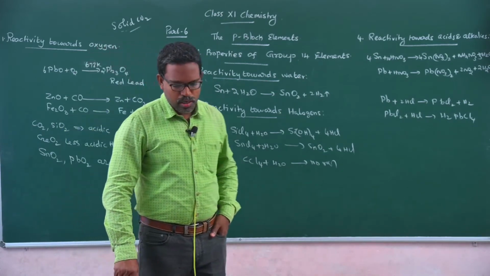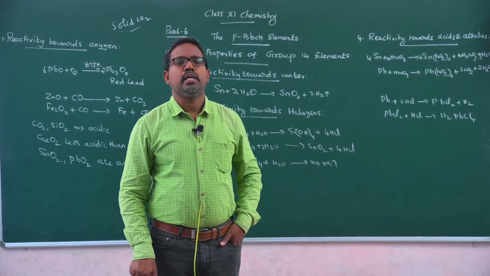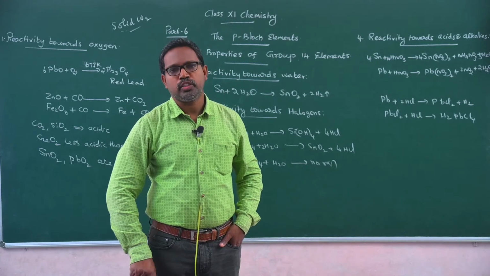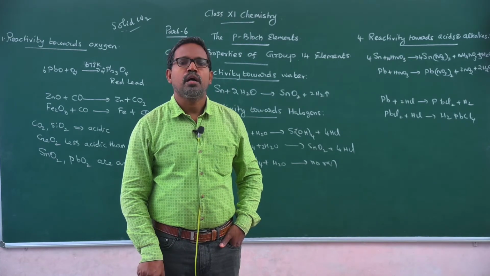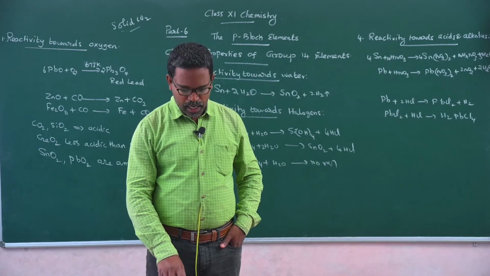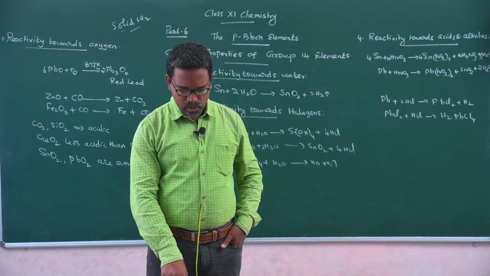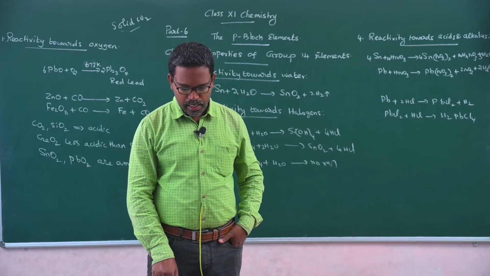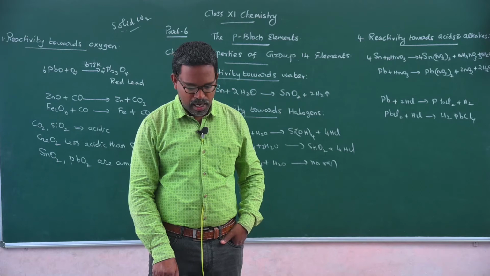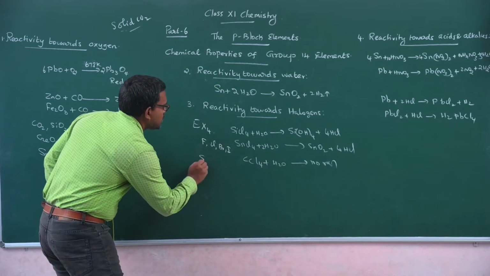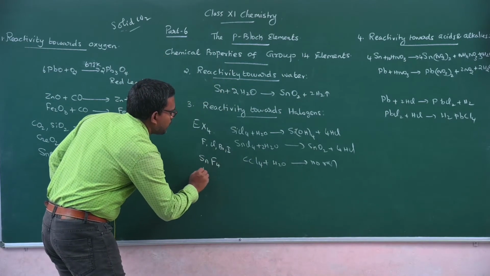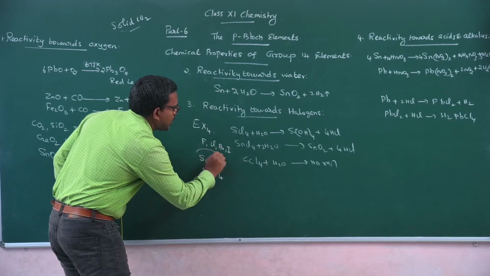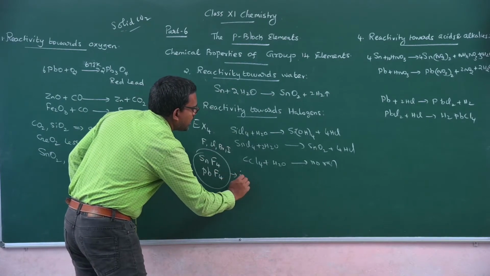So all these compounds are known, and most of the halide compounds are covalent in nature except some compounds of carbon. These tetrahalides are covalent in nature, with the exception of SnF4 and PbF4, which are ionic in nature.